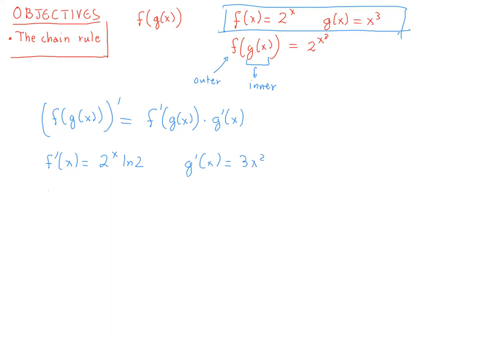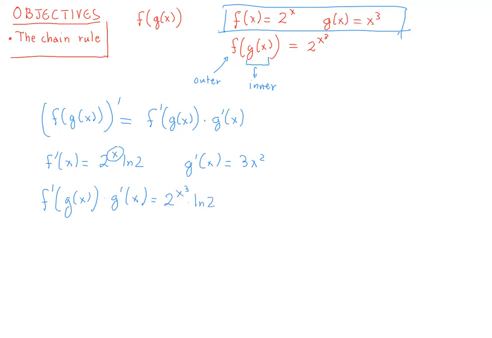Then we can ask, what is f prime of g of x times g prime of x? The answer would be, well, you need to take x cubed, which is g of x, and plug it in right here. So that would give you 2 to the x cubed times ln 2.